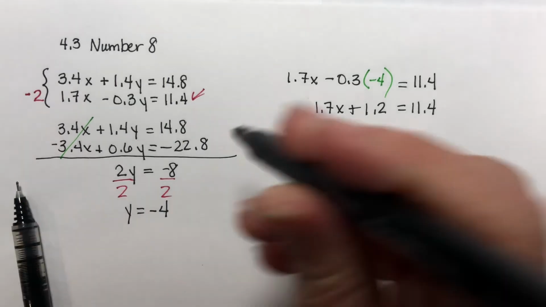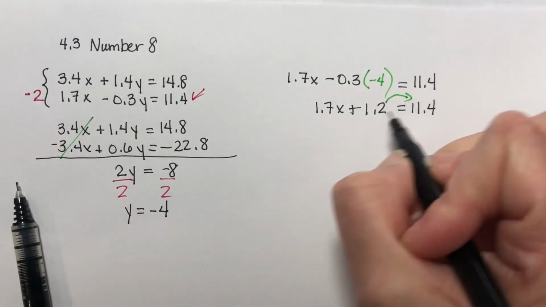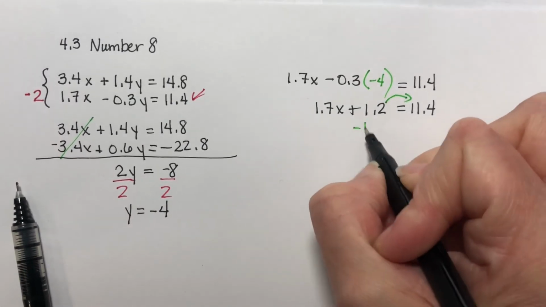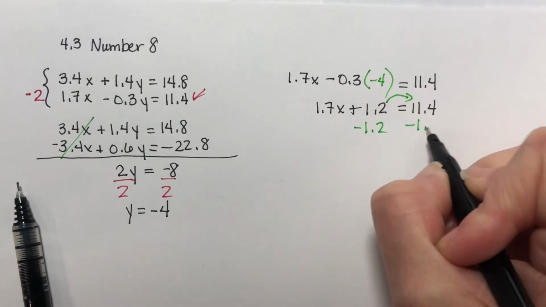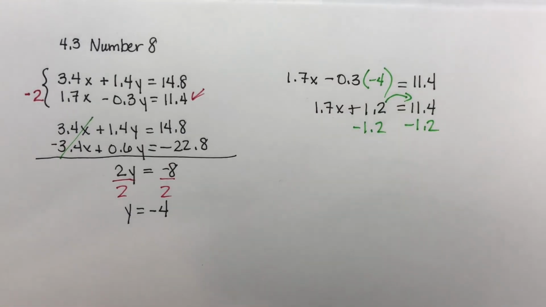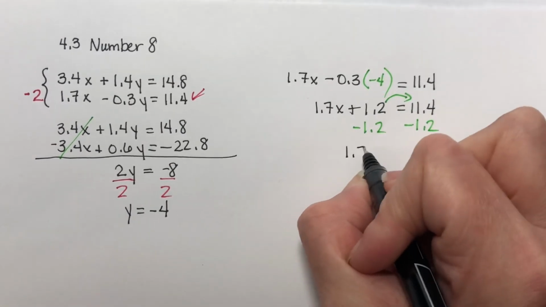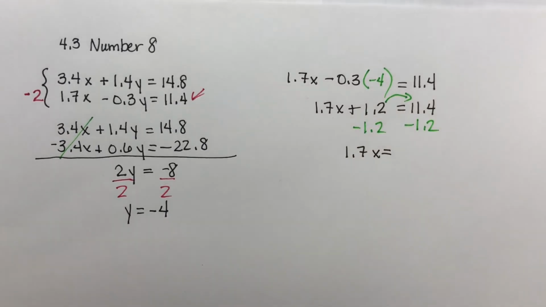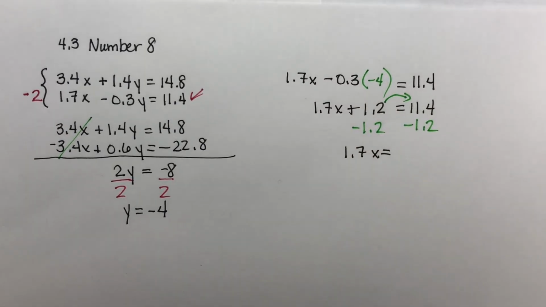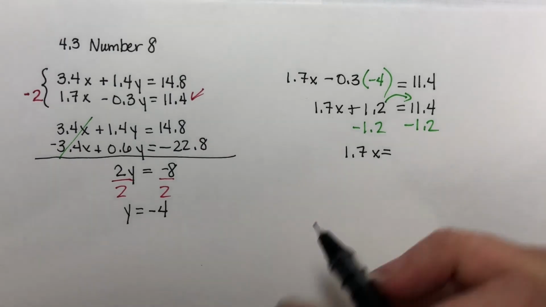I need to subtract 1.2 from both sides to get the x by itself. That gives me 1.7x is equal to 10.2.